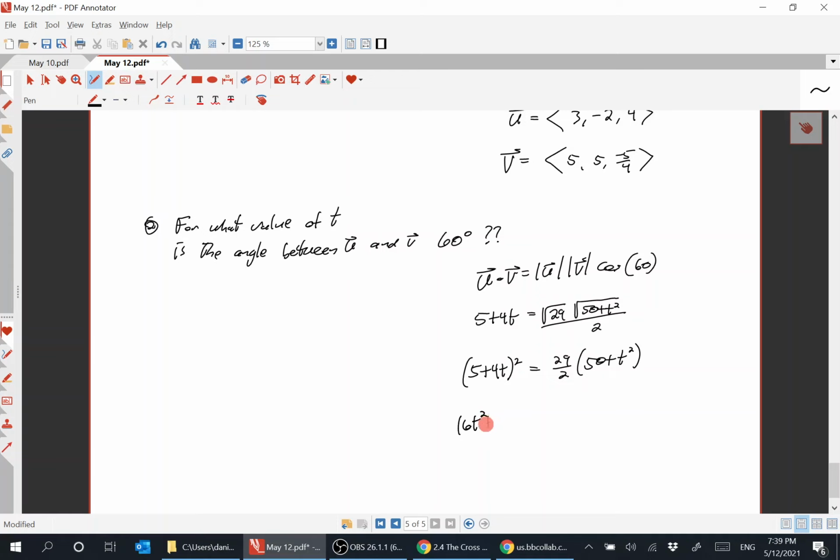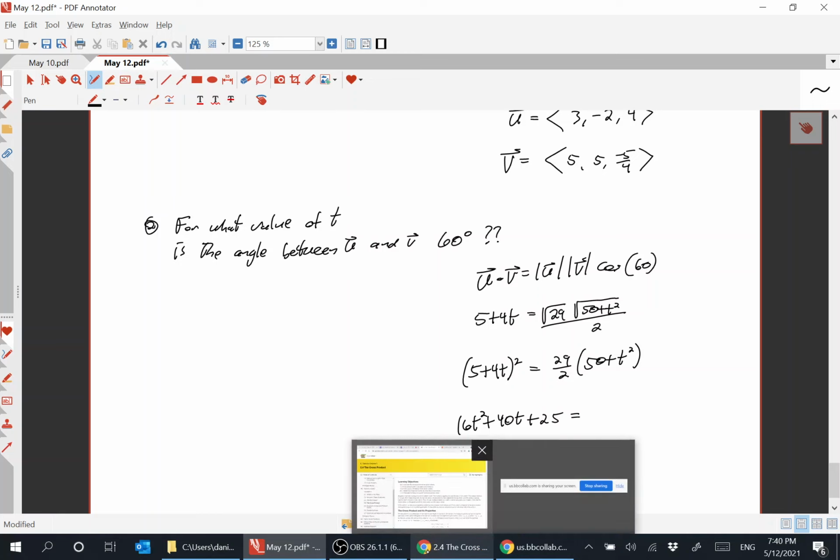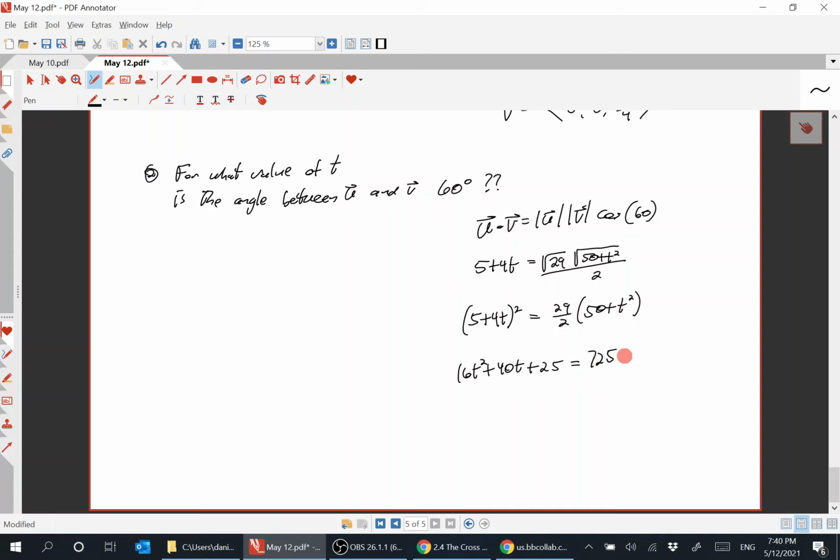So this is 16t squared plus 40t plus 25 is equal to 25 times 29, which is 725, plus 29 over 2 t squared. I'm not actually going to solve it. So 16 minus 29 divided by 2 gives 3 halves t squared plus 40t minus 700 equals 0.